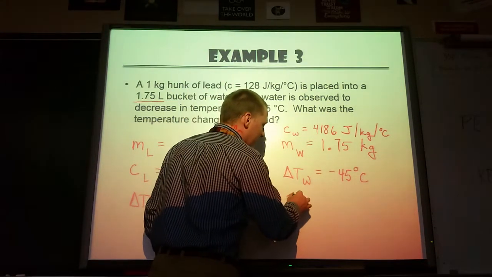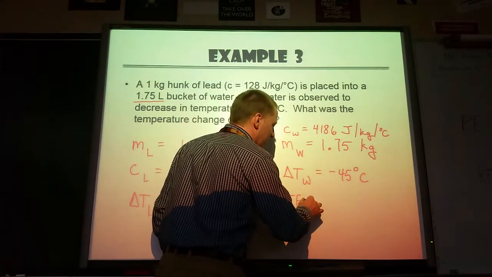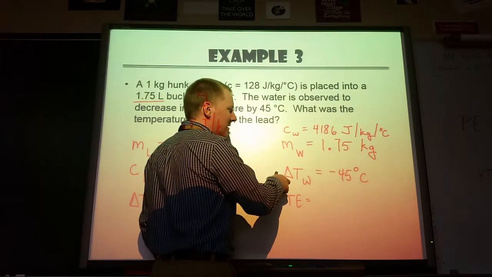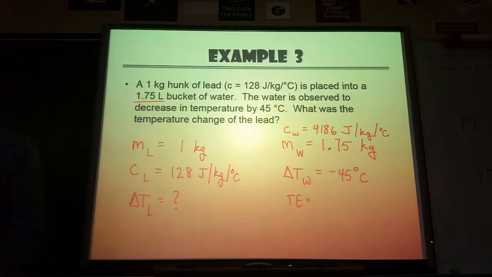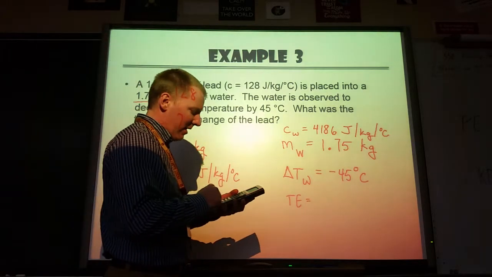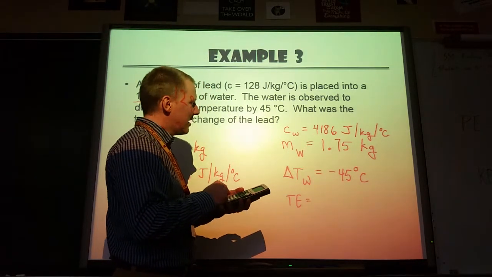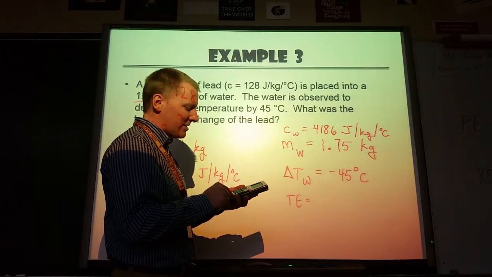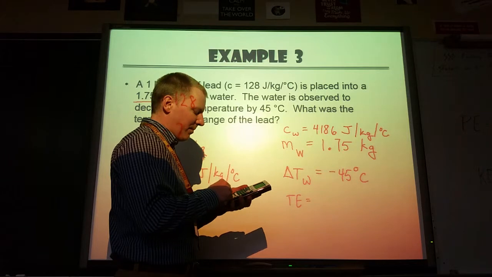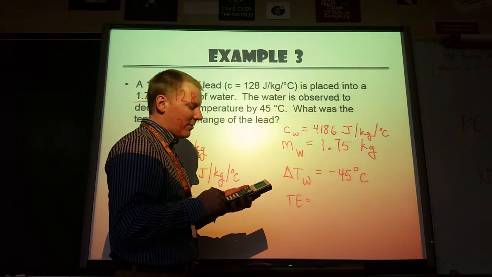Okay, we can find the thermal energy of the water because it's M times C times delta T. Since we're so limited in space, let's just do that without writing it all out. We've written out what those pieces are. So we take the M, 1.75 kilograms, times the C, 4,186 joules per kilogram per degree C, times our change in temperature, negative 45.